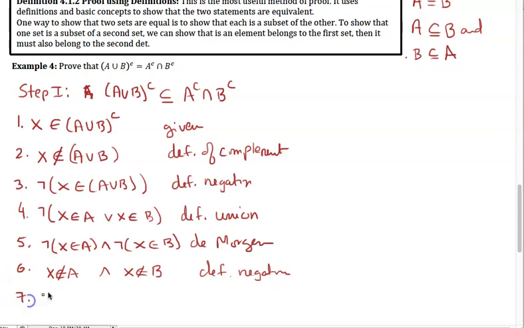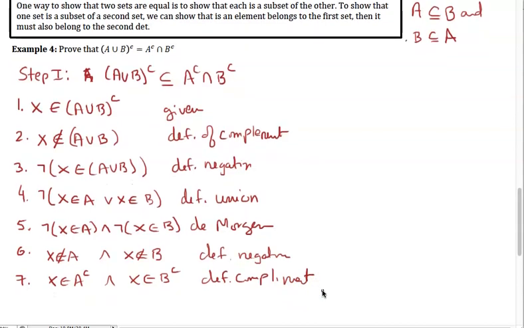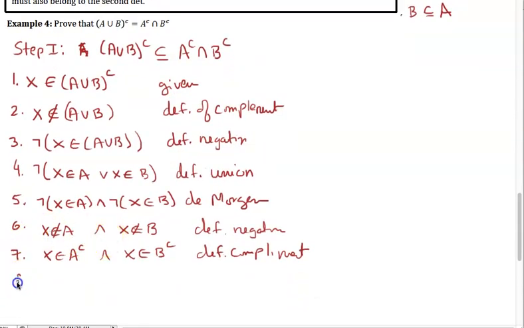Then if X is not in A, X is going to be in the complement of A. And X not in B means that X is in the complement of B. This is the definition of a complement. Notice that we're almost there. So this means that X is in A complement and in B complement.